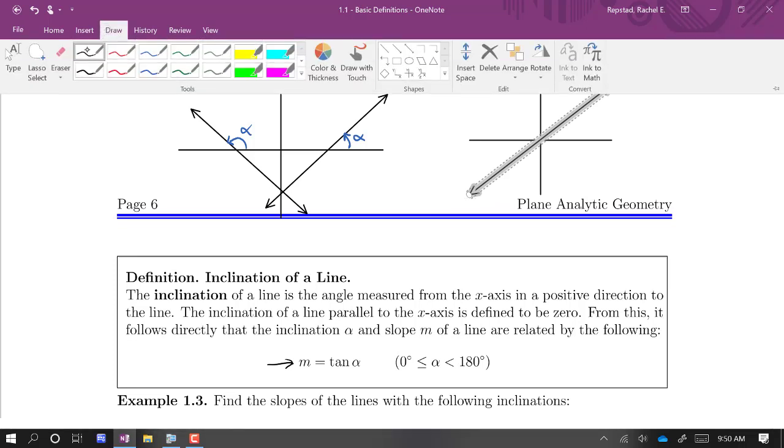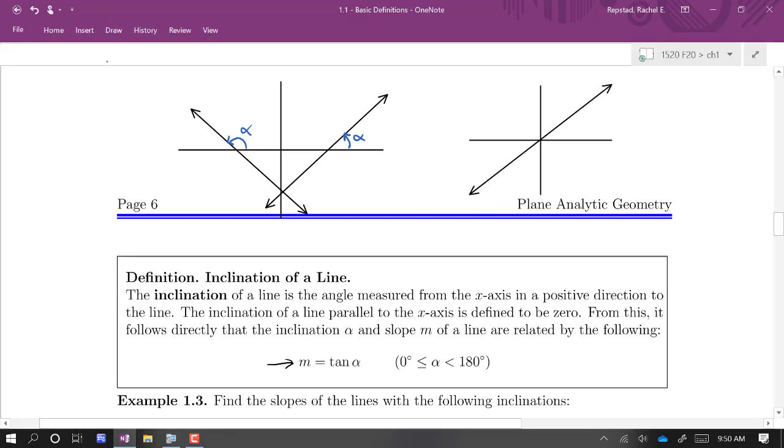So there's a line. It happens to have a positive slope, and we know its inclination is that angle there. Now it goes through the origin, the point 0, 0, and let's say it goes through this point x, y.